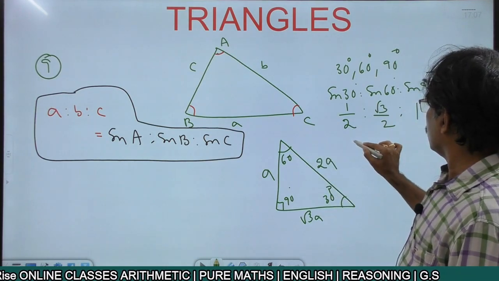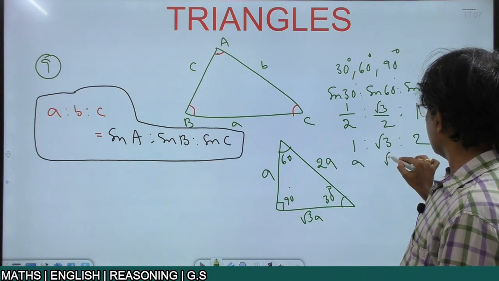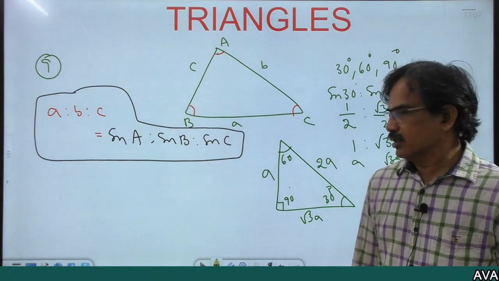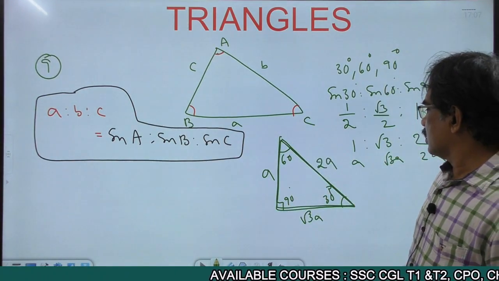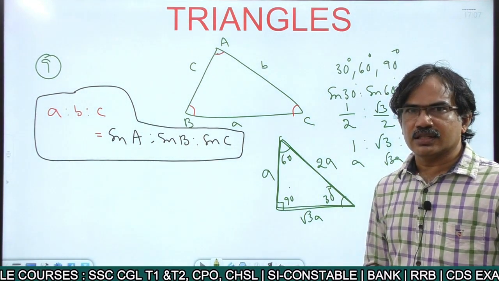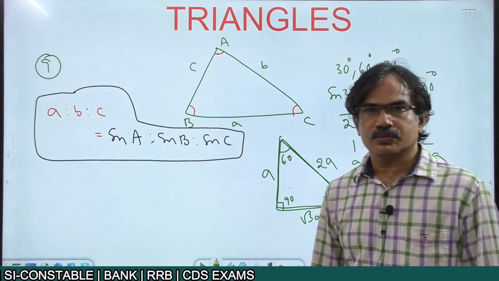Multiplied by 2, we get 1 is to root 3 is to 2. If this is a, this is root 3 a, this is 2a. So if 30, 60, 90 are the angles of a right angle triangle, the side ratio is 1 is to root 3 is to 2.